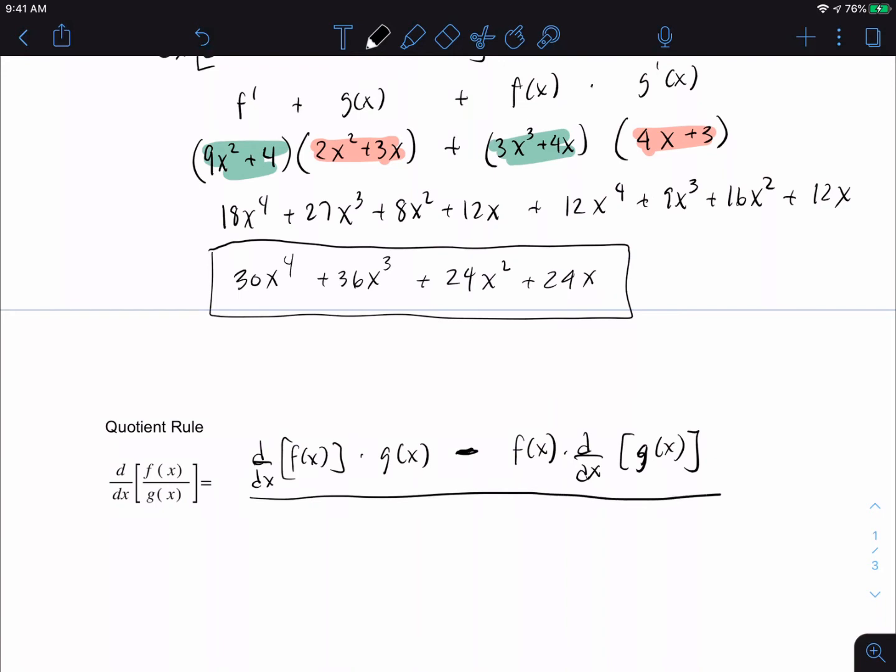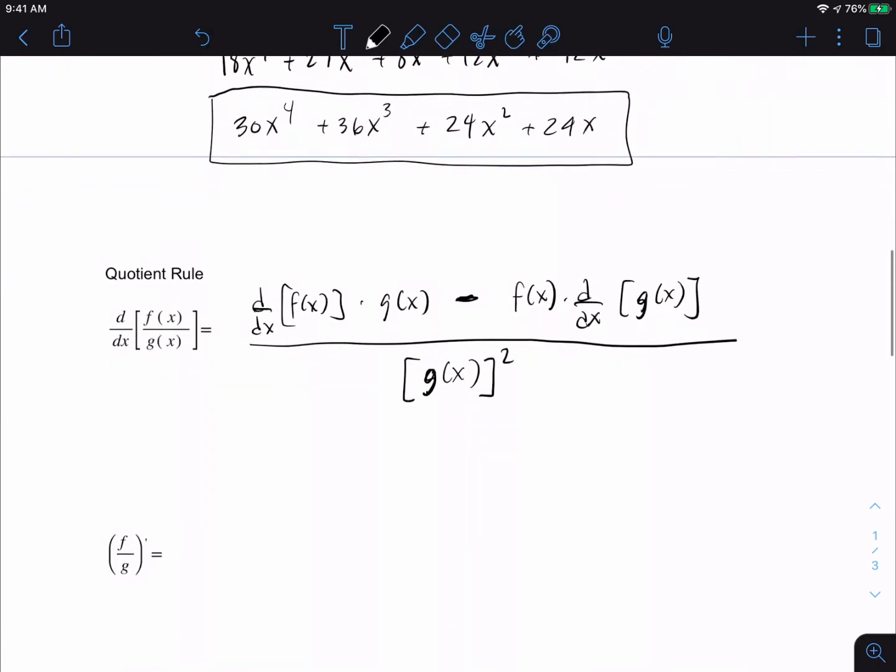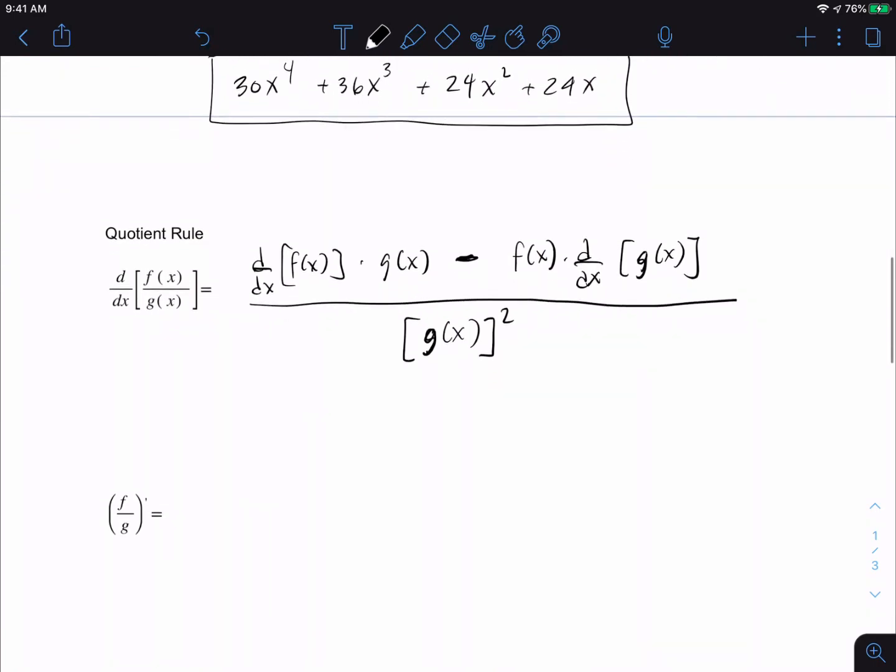All of that divided by the denominator squared. So I should do it this way just to be a little bit cleaner so you guys can see it. Okay? Now, I don't ever write it that way, so I do it this way.